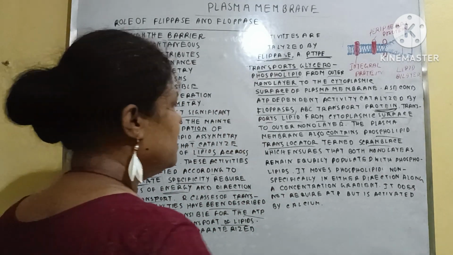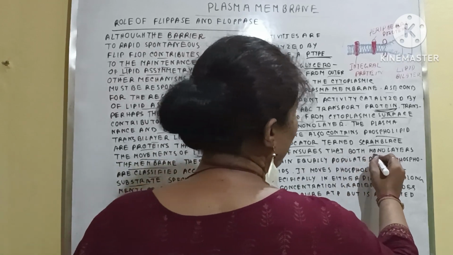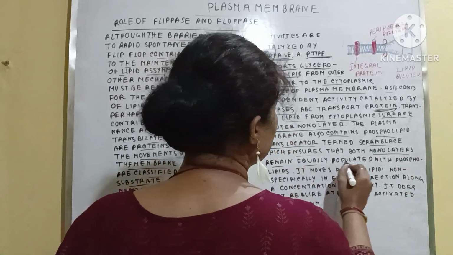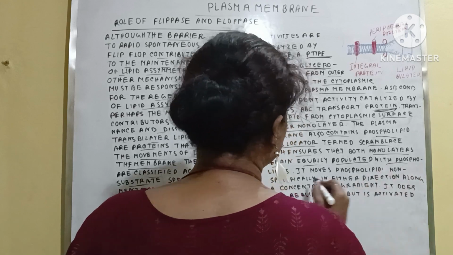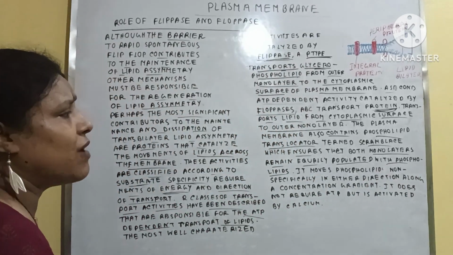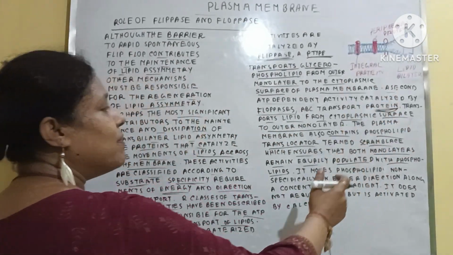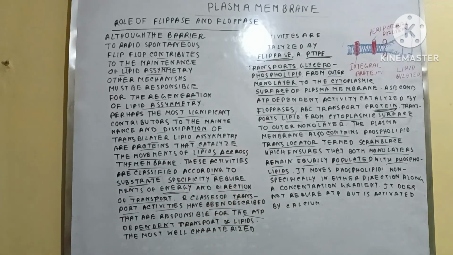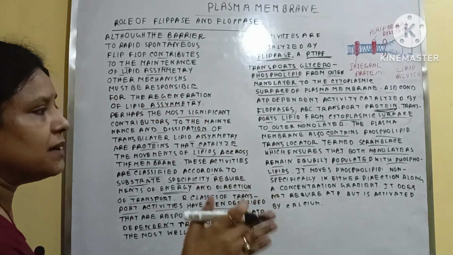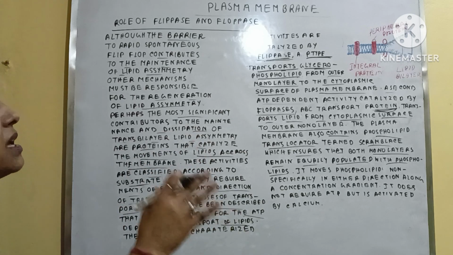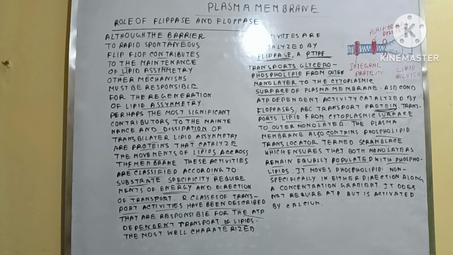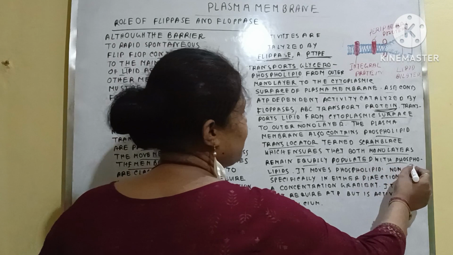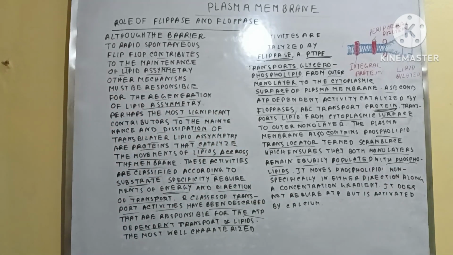This scramblase ensures that both monolayers remain equally populated with phospholipids. So what is the function of the scramblase? If in one monolayer there is a shortage of any phospholipid, it transports the phospholipid from the other monolayer to this layer.